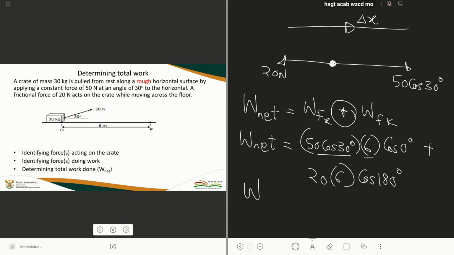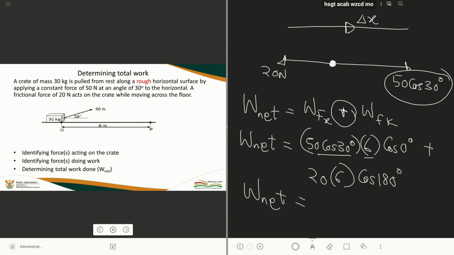Then from our calculator, we are able to determine the value. First of all, let's simplify that 50 cos 30 degrees, which is our Fx. If you go to your calculator, 50 cosine of 30 gives us 43,3.